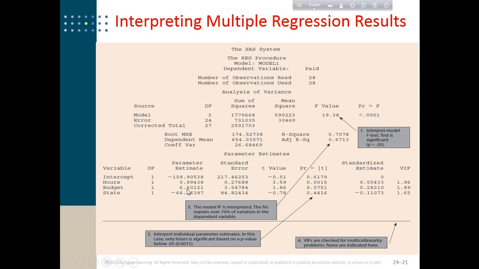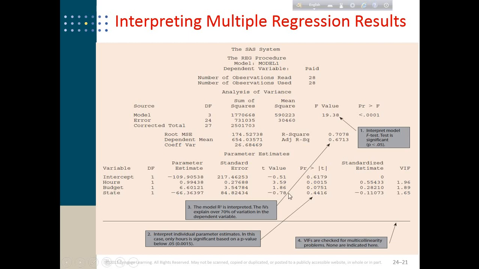It means that they are positively correlated, or they have a positive influence over the dependent variable. That means if hours and budget increase, the dependent variable will increase correspondingly. However, the state has a negative coefficient. It indicates that with the increase in this variable, the dependent variable will change in the opposite direction. That's the direction of relationship.